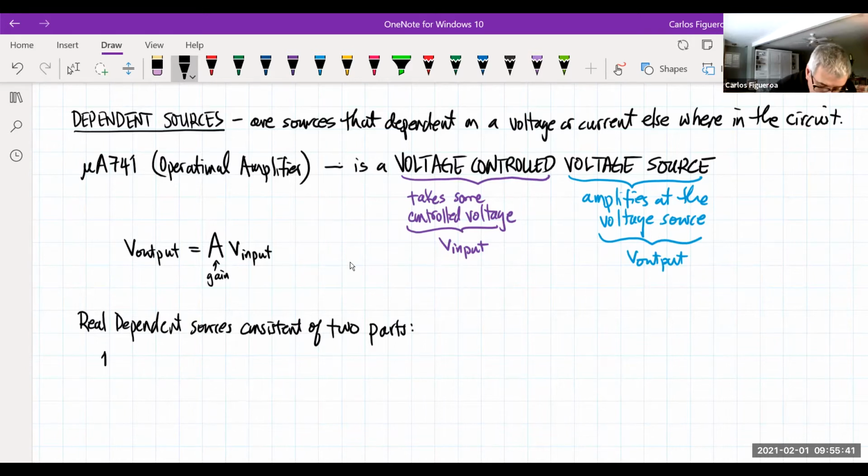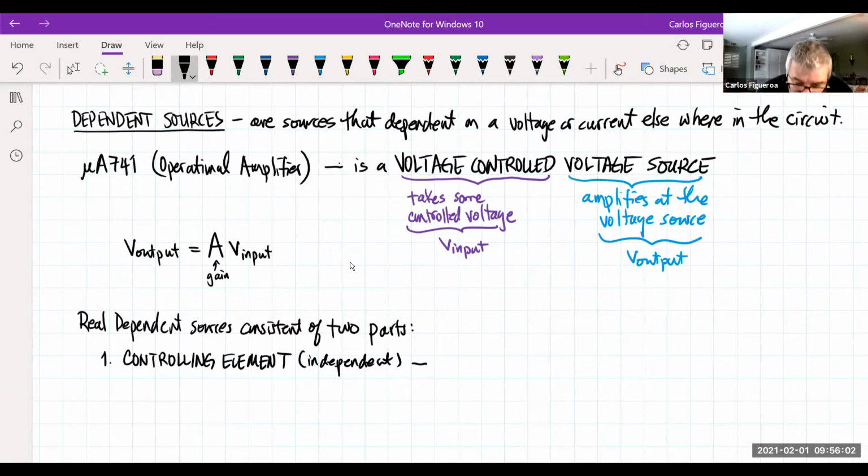So the first piece here is what is called the controlling element. Okay. And this is the independent piece. And so in the beginning, what we're going to do here is that this is the voltage slash current of a resistor.